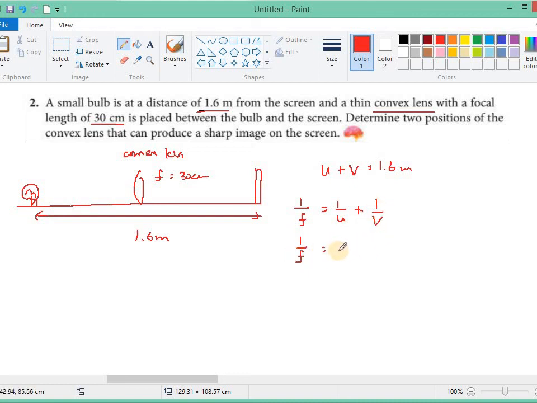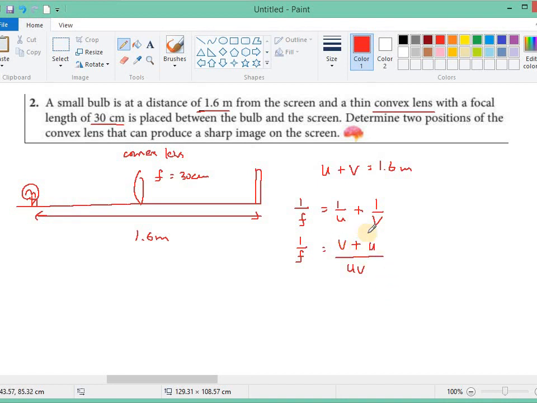This becomes v plus u over uv. Why like that? Because this one is u multiplied by v, so 1 is multiplied by v. This one is v multiplied by u, so 1 is multiplied by u. So v plus u over uv.